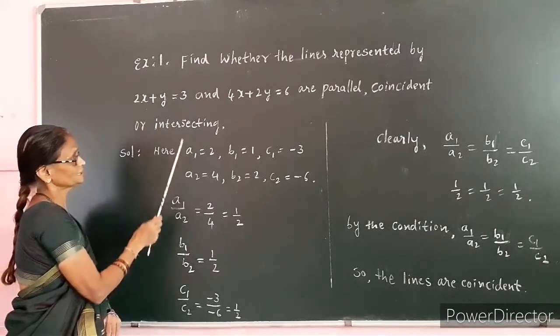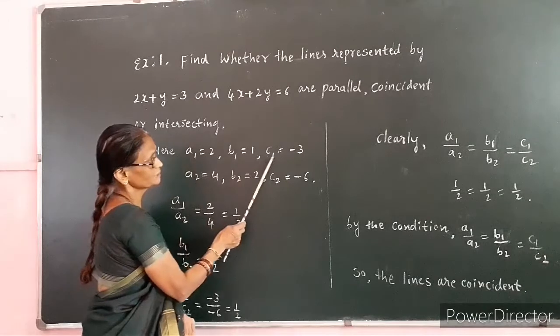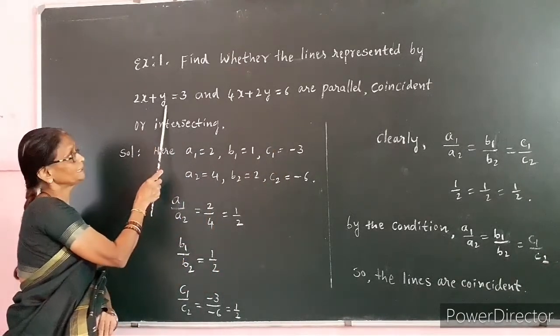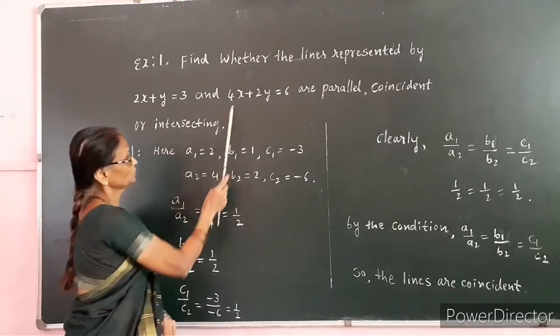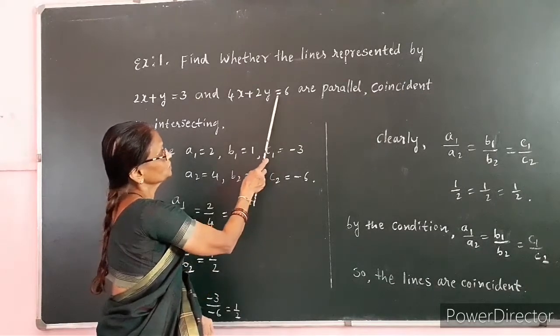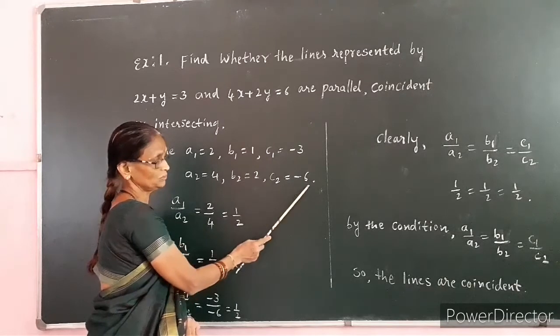We get a1 = 2, b1 = 1, c1 = -3. The 3 is transposed to the LHS, it becomes -3, that is the c1 value. And a2 = 4, b2 = 2 and c2 = -6, here also 6 is transposed to the LHS, it becomes -6, that is the c2 value.